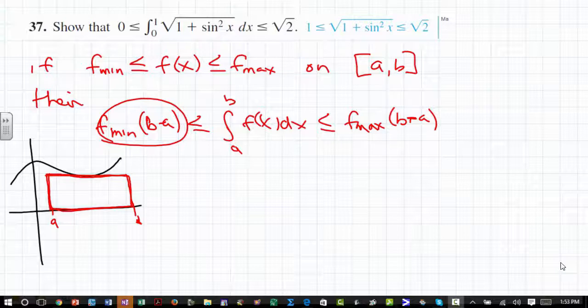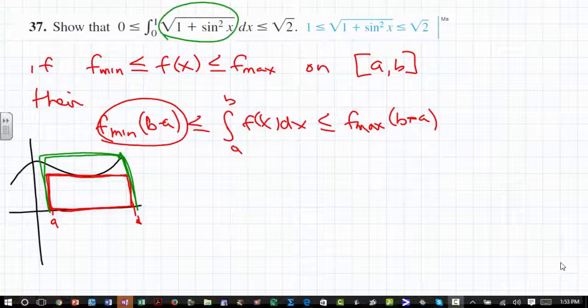Somewhere in this interval, there's a largest value for the function. And the largest value of the function also creates a rectangle, and that rectangle is larger than the area under the curve.